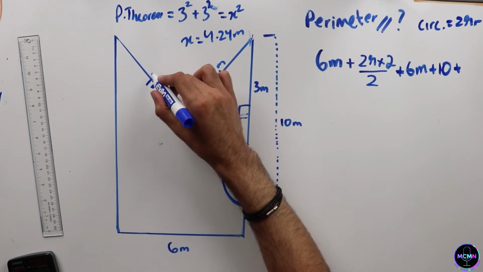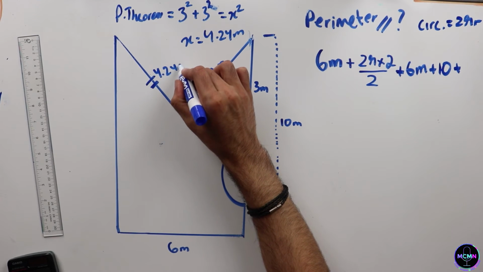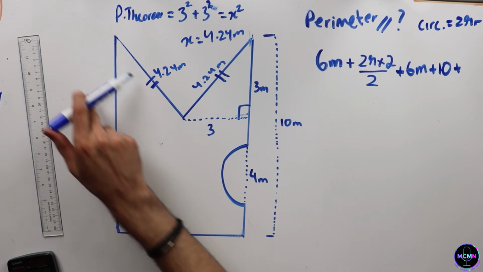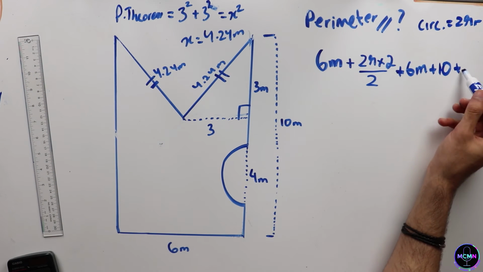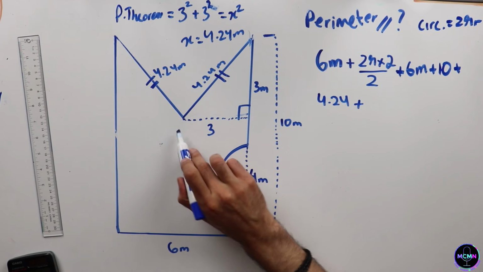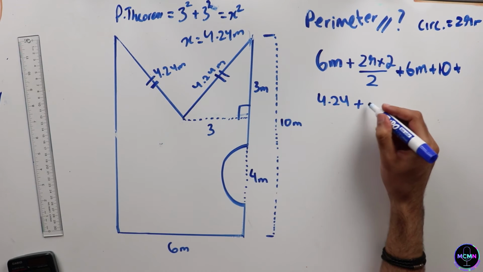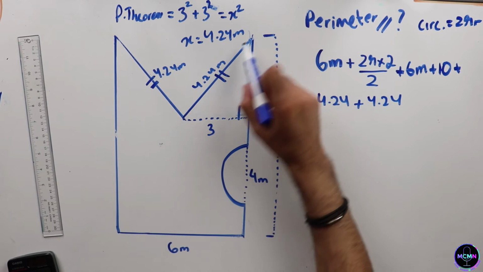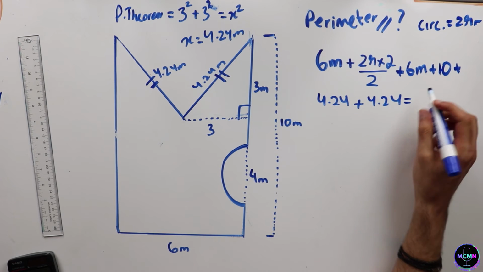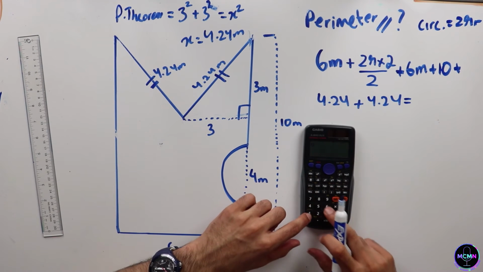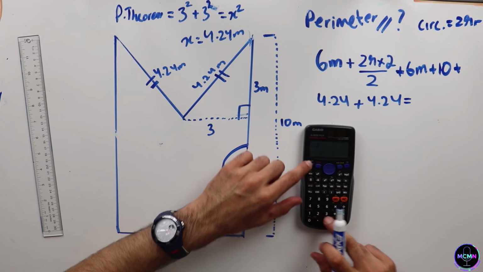So now let's recall our equation was right here. We're going to go down here 4.24. I'm going to bring this here. So add another 4.24. And then we're going to add another 4.24 since it's an isosceles triangle. Are we back at the point where we started? Yes, we are. So we equal our equation. Bring up our calculators. 6 plus 2 pi times 2, all that divided by 2.